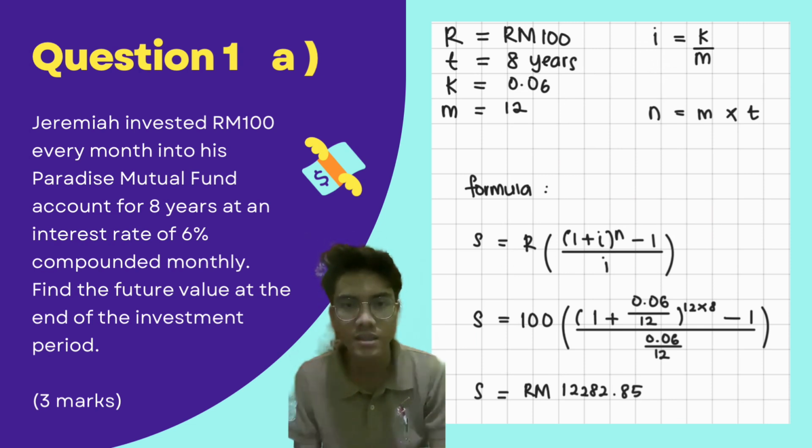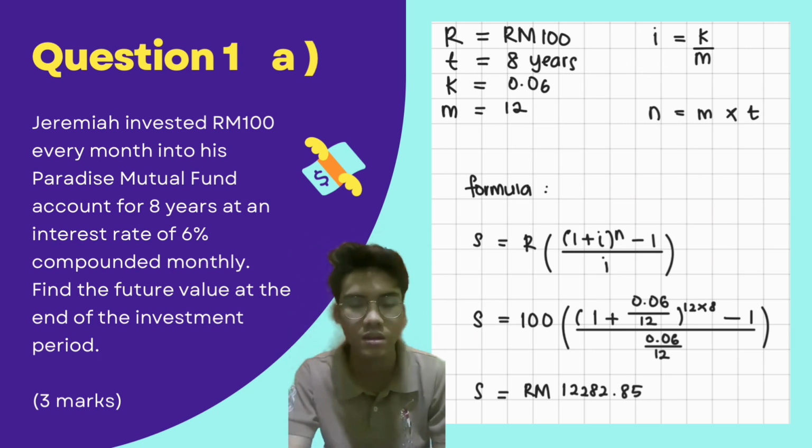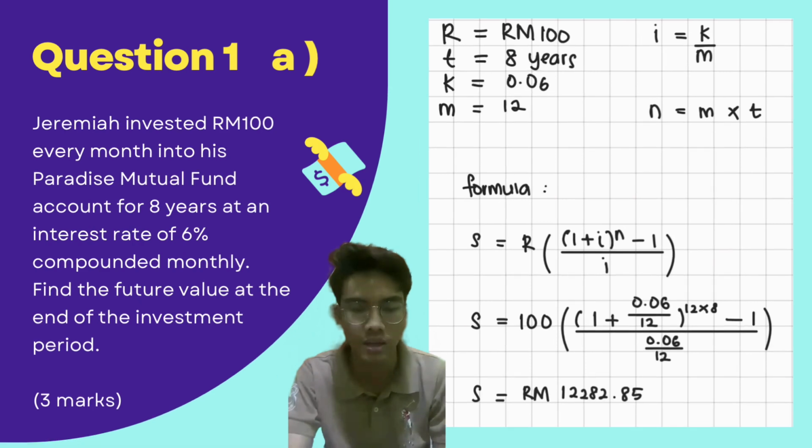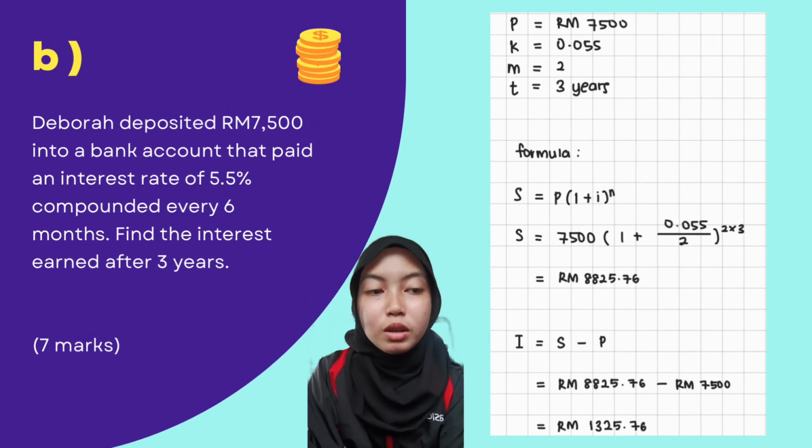And the final answer for question 1A is 12,282.85. That's all for me for question 1A. Now we are moving to question 1B.